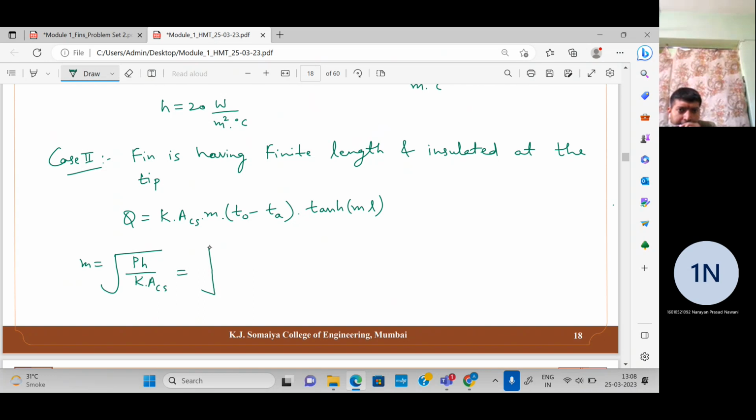P is the perimeter; this fin is having circular cross section, 5 mm diameter, so perimeter will be equal to pi d. This will be h divided by thermal conductivity. Cross sectional area will be pi by 4 d square. So pi cancels, this d will cancel. So we'll get this as 2 root h divided by K d.